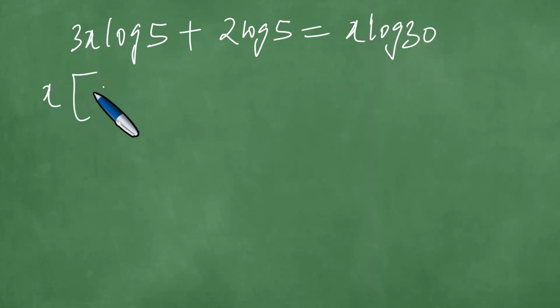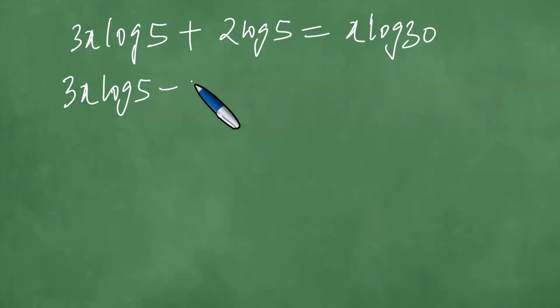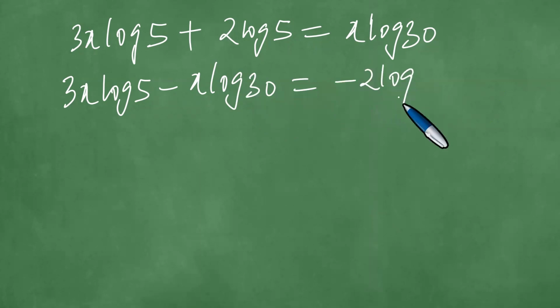We take out a common factor here, the highest common factor. Right, well, we can just first associate the terms a little bit. Let's take our time. We're not in a hurry. So we have 3x, the log of 5 minus x, the log of 30 equals minus 2, the log of 5. x is the highest common factor on the left.